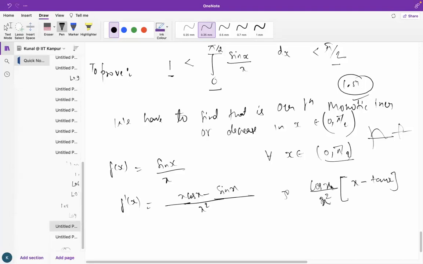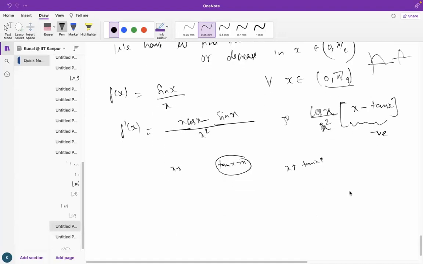Now, there is a situation. We all know that when x is very, very small, tan x is greater than x. But when x increases, tan x also increases. But look at the value. This term is negative in 0 to pi by 2.